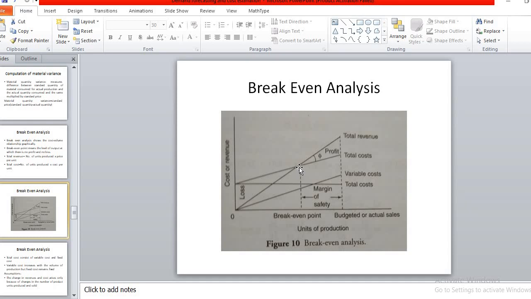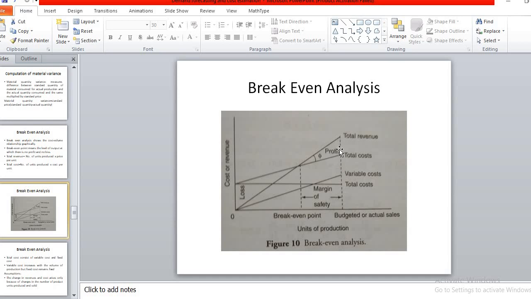At this point, the cost or revenue is the break-even cost or break-even revenue, and this point on the x-axis represents the break-even budgeted sale or break-even actual sale.